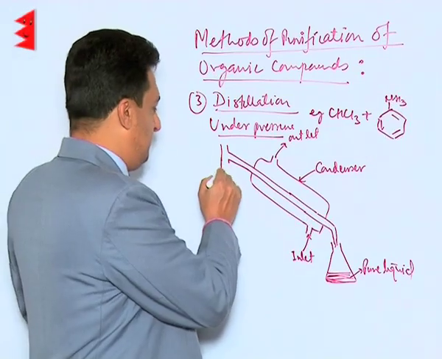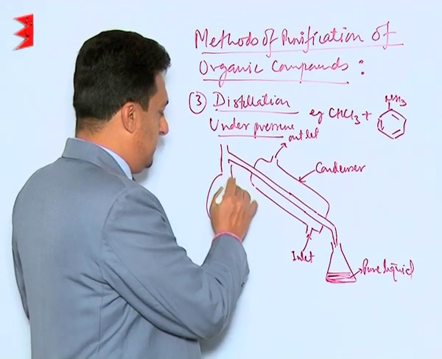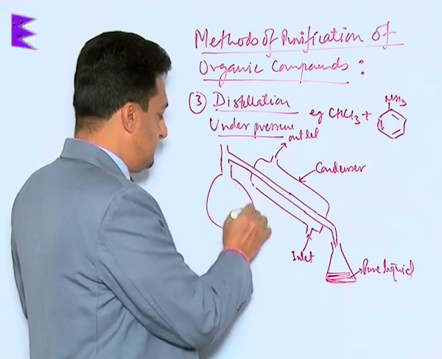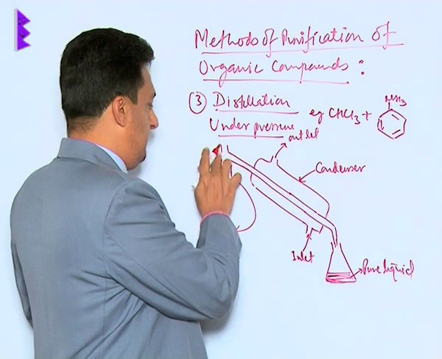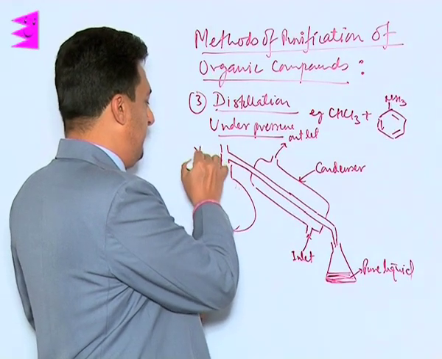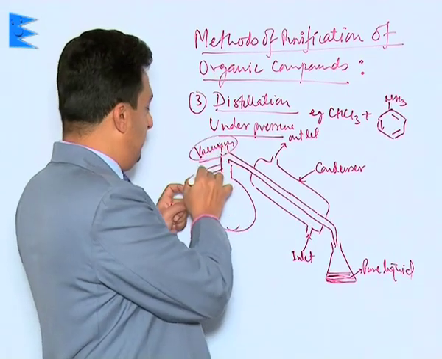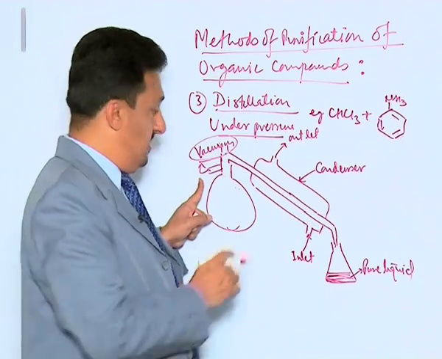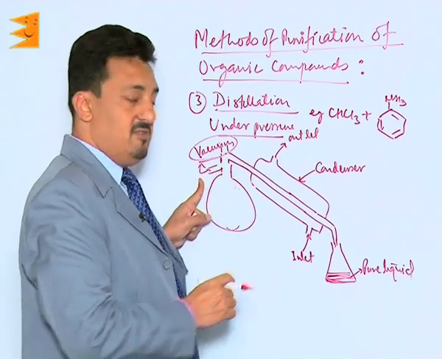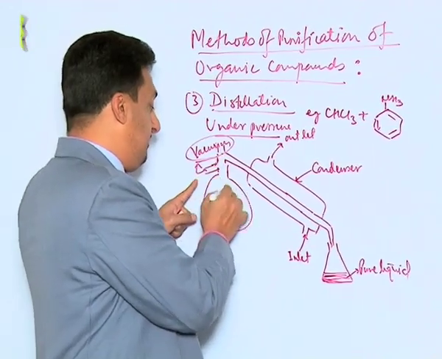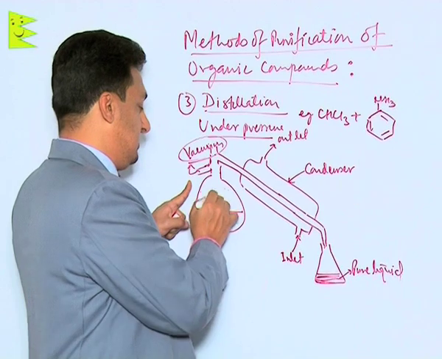Once the pressure is reduced, a vacuum pump is connected from this side. This vacuum pump reduces the pressure in this flask.